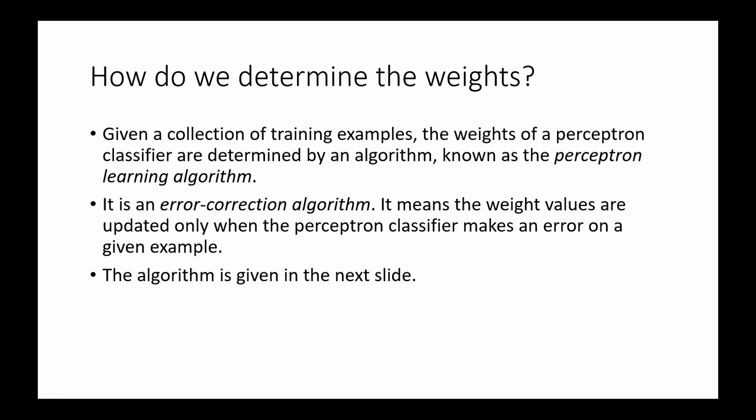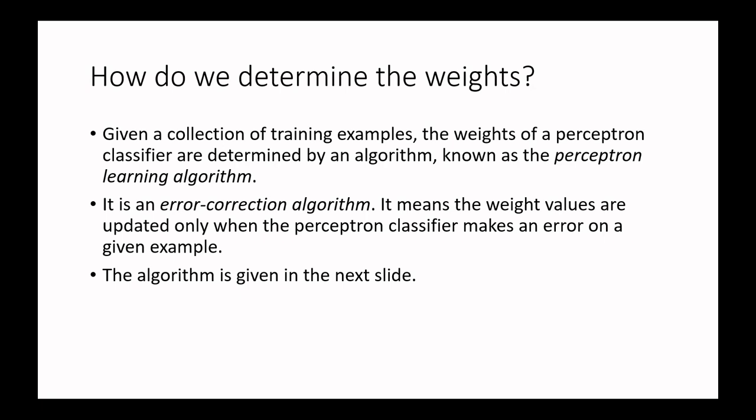So the algorithm doesn't do anything. It's happy that it did a good job. But when an error occurs, say for example, it says the example is from class 1 and it turns out the actual example is from class 2, then the algorithm will try to adjust the weight values to correct for that error. That's why it is called an error correction algorithm.